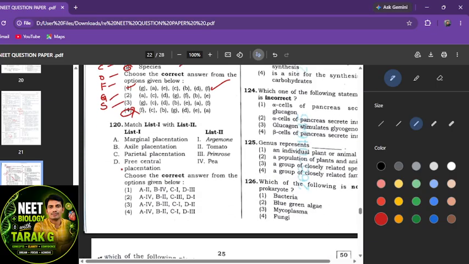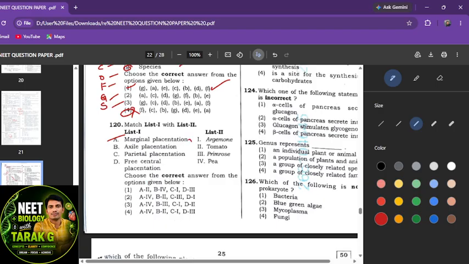Next one, match the columns. They have given the list matchings: marginal placentation, axial placentation, parietal placentation and free central placentation. In the placentation, they ask the complete placentation concept in flowering plants. So you choose the correct answer from the given options.